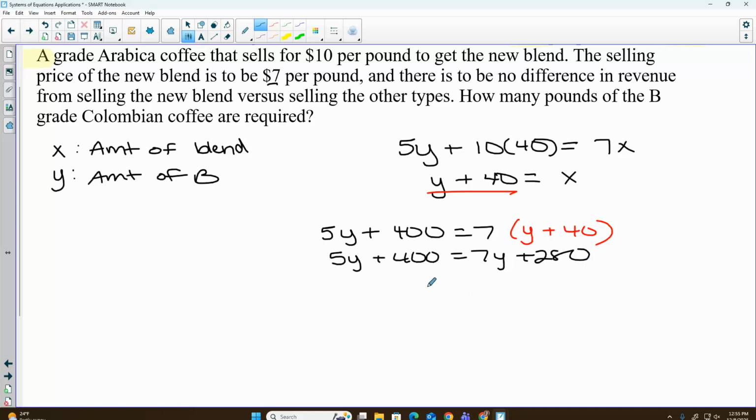So I distributed my 7. If I subtract over my 280, subtract my 5y, then y is 60.